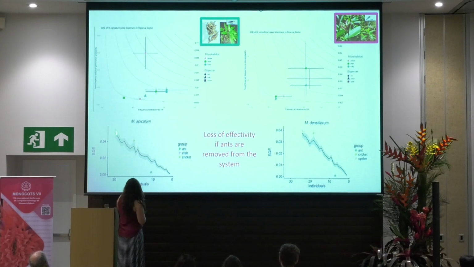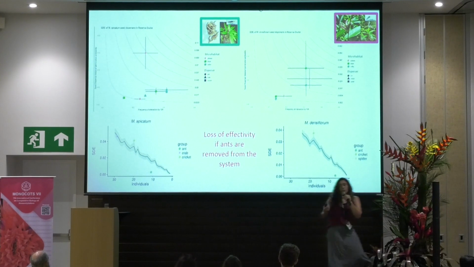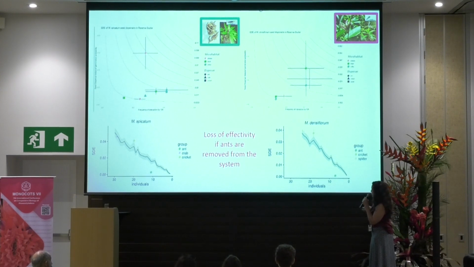And here, this is a simulation of what happens with the effectiveness if we remove the seed dispersal group from the assemblage. With this upper line, it's significant. So here we can see that for ants, below the line, it's significant, yes.